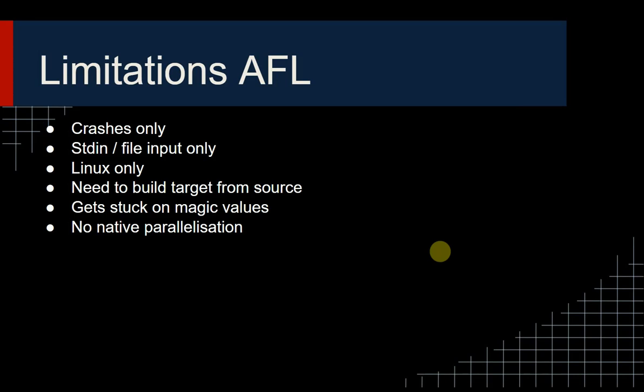It is possible that it gets stuck on magic values. Certainly in some of the things that I've done in the past with it, I've had output crashes, where the test cases that cause the application to crash were interesting because they contained magic values rather than the sort of things I was expecting. And unfortunately, it is incredibly slow, and there is no native parallelization using AFL.